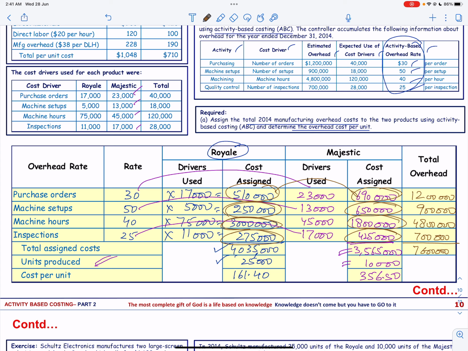So this is how we have completed part A of this exercise, and we will continue with this on the next slide.